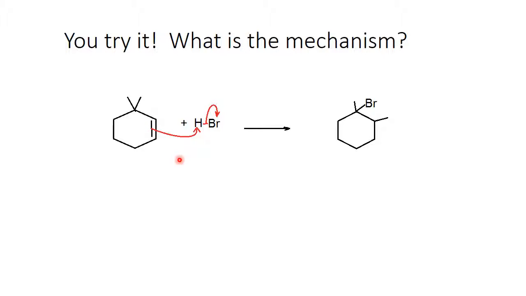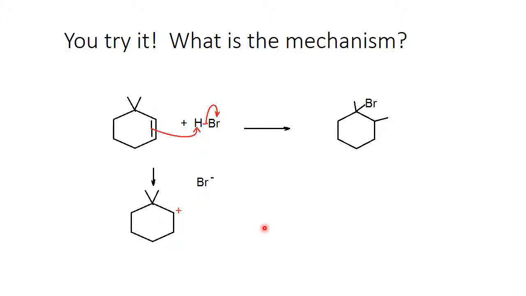If it does, this is how it would do it. The electrons here would reach out and grab the proton, and then the electrons here jump on there. So that could put the hydrogen here. It could add here, but that won't give us the product over there. We'll have it add here.